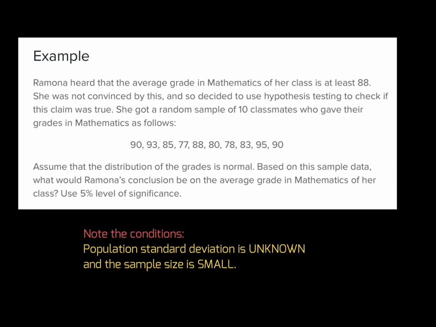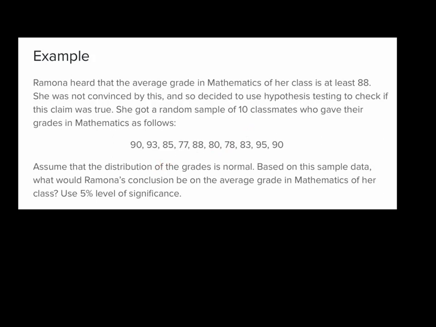At the same time, we only have a sample of 10 students, and 10 is less than 30, which means the sample size is small. With that, this will be under the t-test.